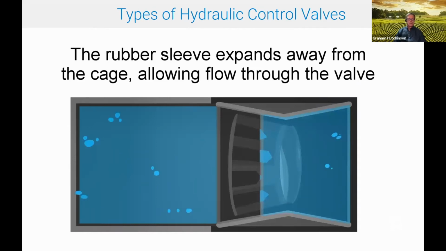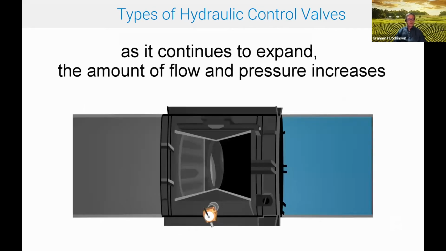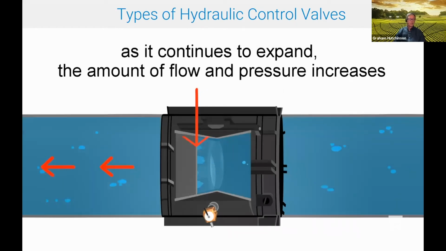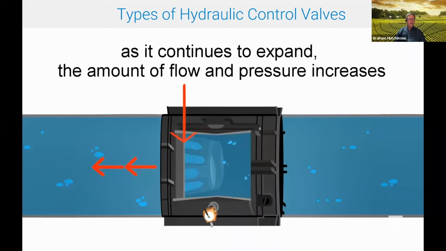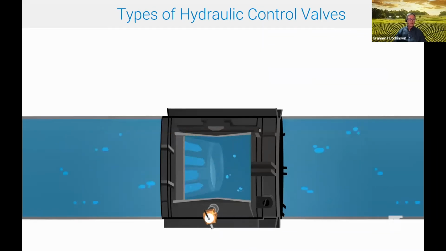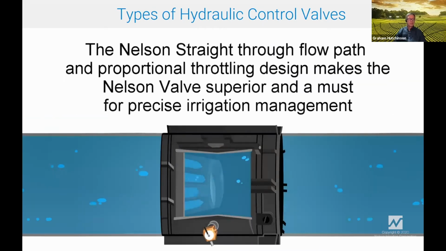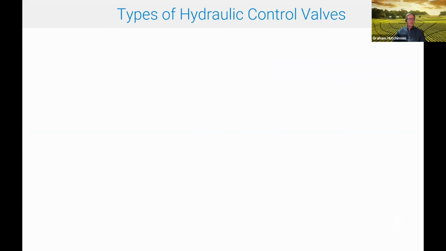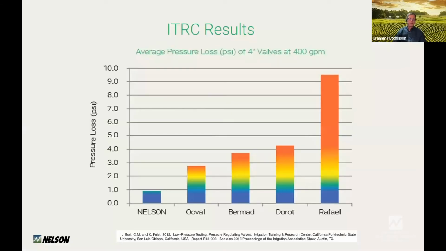As the sleeve expands further away from that cage, more open surface area is exposed to the flow, and the valve passes more water. The design of those slots allows very precise pressure control, particularly if the flow through the valve is slow and the pressure reduction required is high. So that gives you an idea of how the different style valves work.